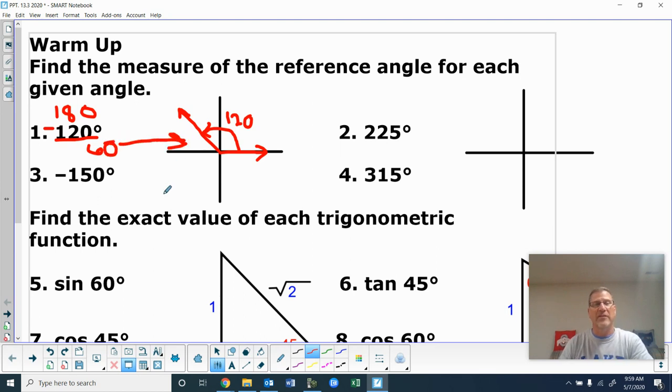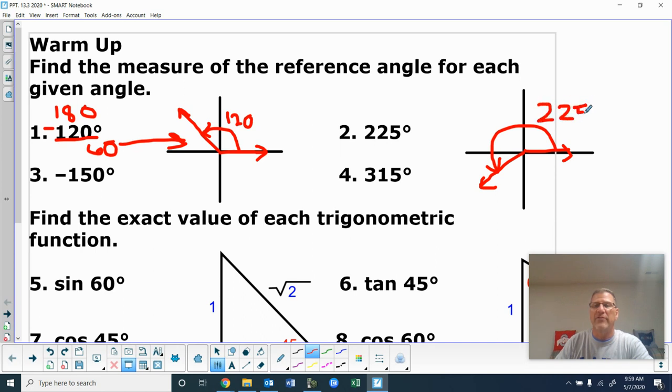For the second one, it's 225 degrees. So we go 90, 180, and 225 is a little bit more than that. Again, we start here, and we'll end up with our terminal side in the third quadrant right there. That's 225 from the start to where we stopped.